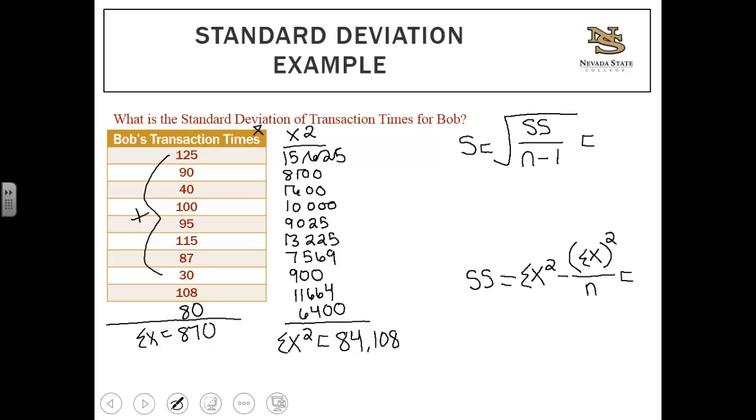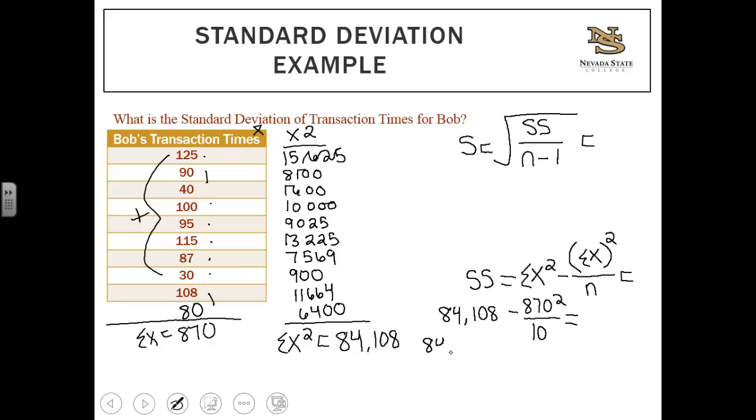Now we have the values that we need to plug into our sum of squares formula. So sum of x squared is replaced with 84,108. Sum of x is replaced with 870, and we're going to need to square that at some point. N is replaced with, we have 1, 2, 3, 4, 5, 6, 7, 8, 9, 10 transaction times. So 10. Let's solve for our exponent first.